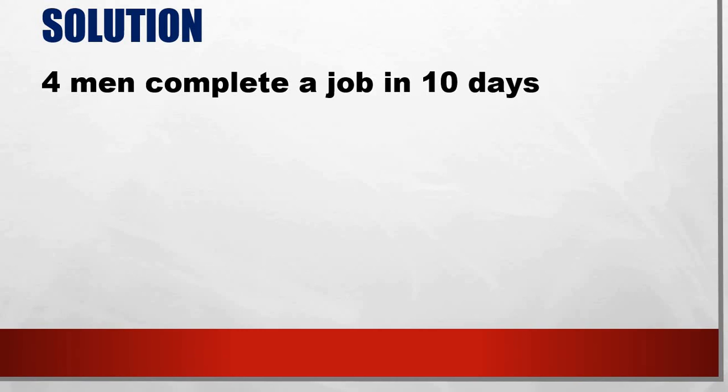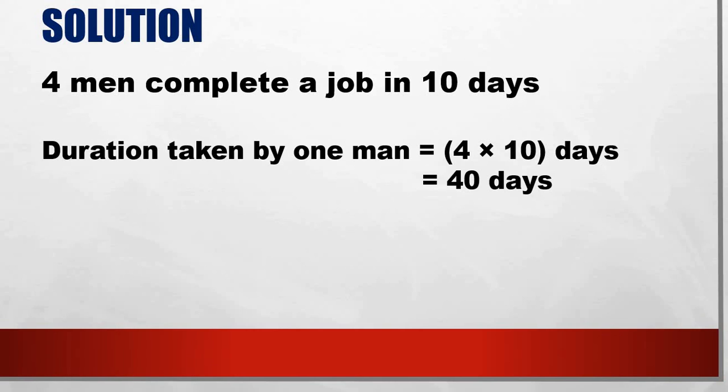4 men complete a job in 10 days. Let's say 1 man. How many days will it take a man to complete this work? Okay, so duration taken by 1 man is just 4 times the 10 days, giving us 40 days. It takes a man 40 days to cover this same job.